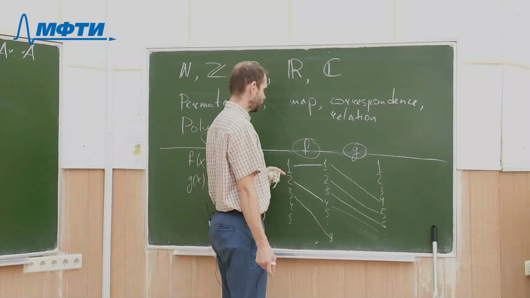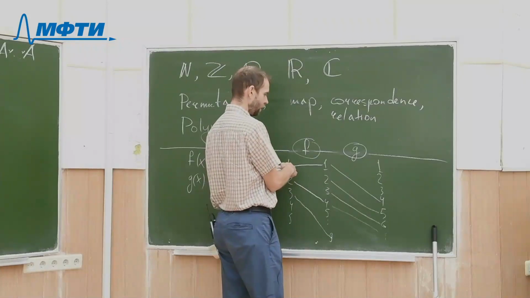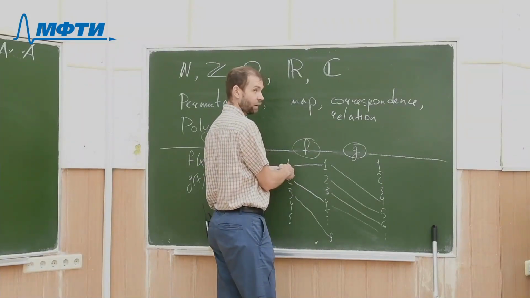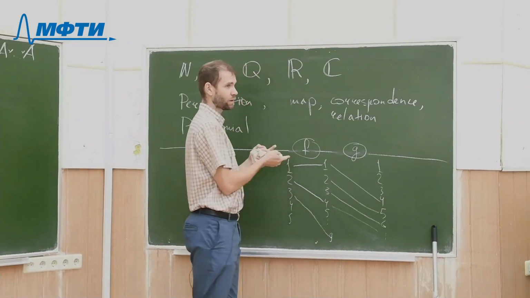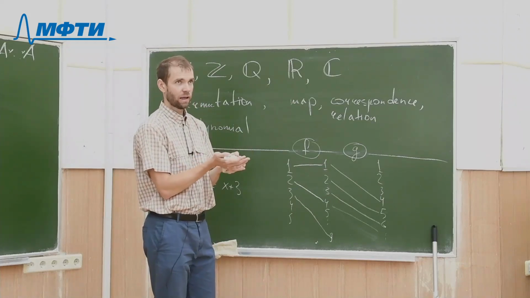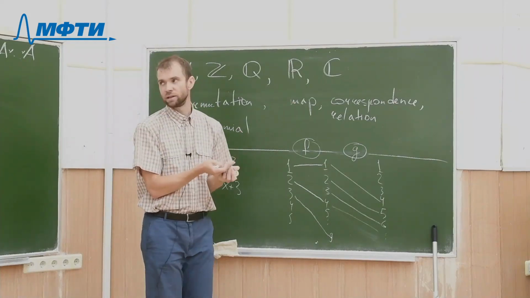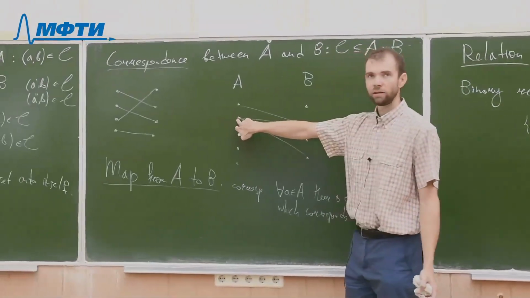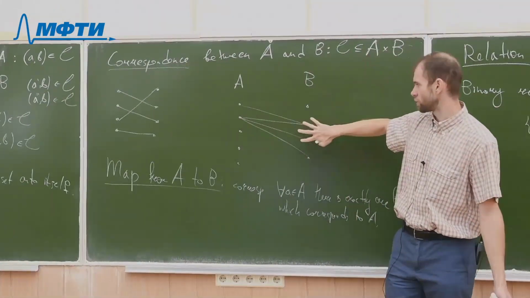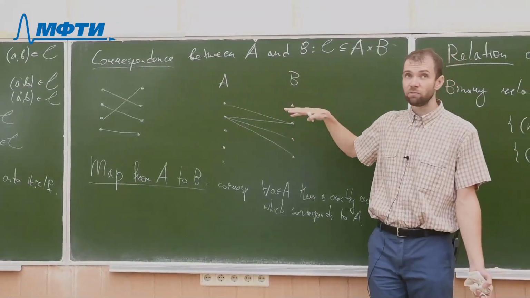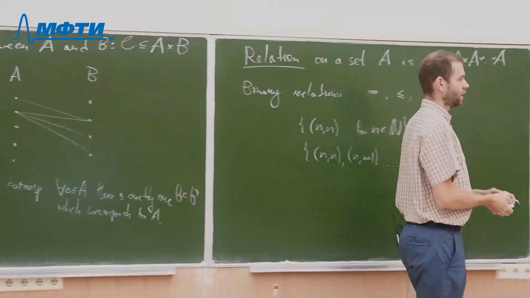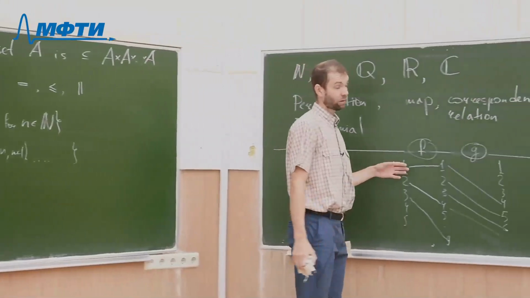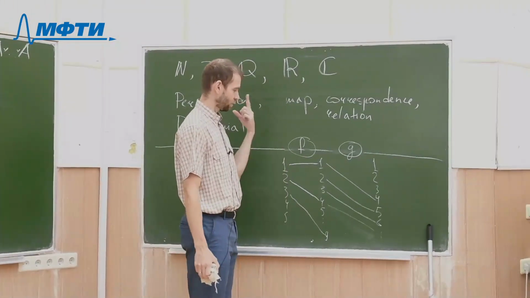So the composition will look like this. From 1, we have only one way to go. What is good about mappings is that they are very deterministic. When we are looking at this picture and we are here, we have three options where to go to the right. But if we have a genuine mapping, wherever we currently stay, we have just one option to go.